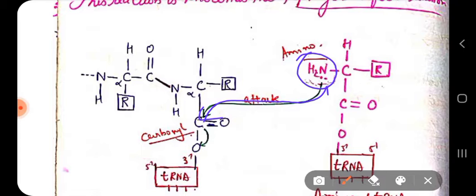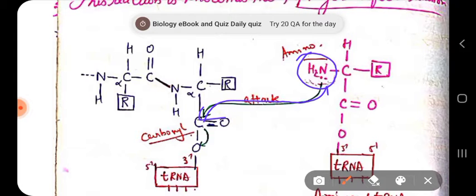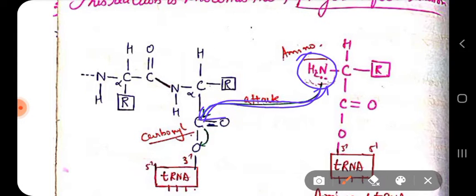What happens when the amino group of the newly entered aminoacyl tRNA attacks the carbonyl group of the peptidyl tRNA?